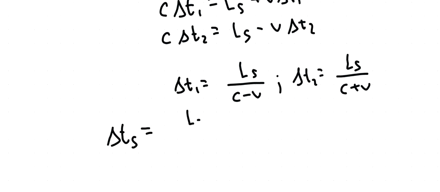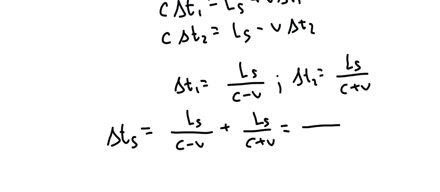ls divided by c minus v plus ls divided by c plus v. And we can actually work a little bit further, because we can say that this is ls times 2c divided by c squared minus v squared, right? In the numerator, I have to add c plus v plus c minus v, and this gives me 2c.